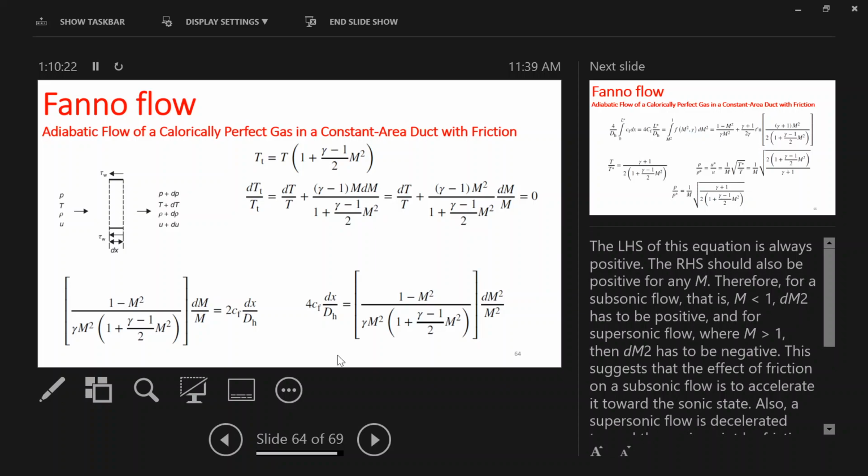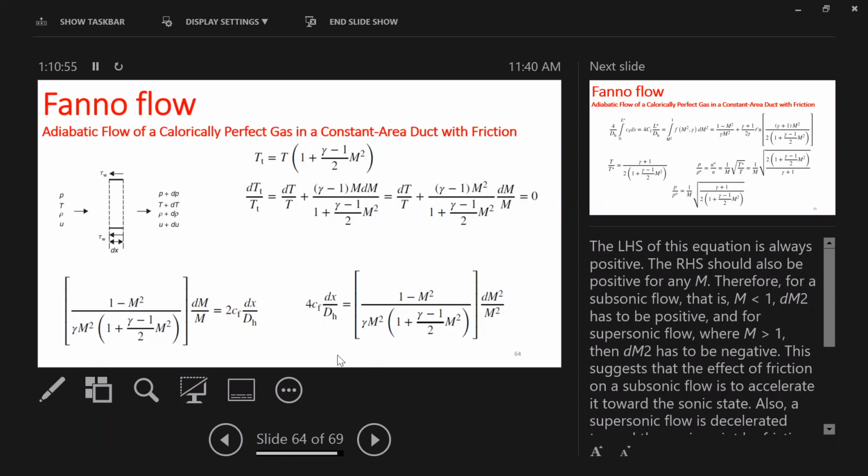So if you take the derivative, if you use the logarithmic derivative rule, we can come up with this type of equation. Are there any questions here? It's just the logarithmic rule, you transform that to this.